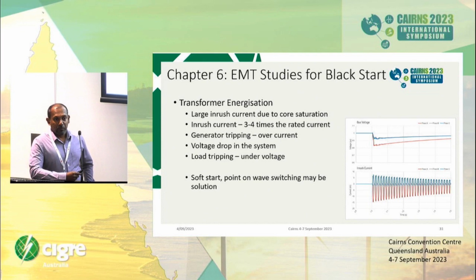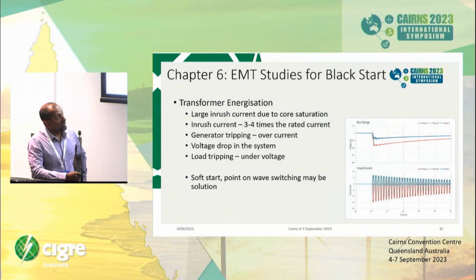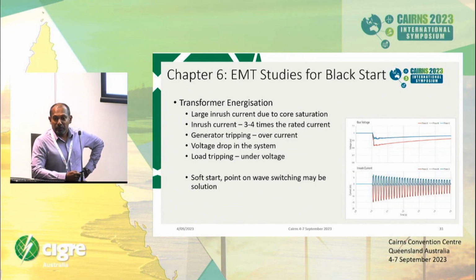If you do not choose a smaller generator size-wise, and you have a relatively larger transformer, the generators could trip due to overcurrent, unless you have harmonic blocking or some other scheme. In the bottom waveform you see the EMT simulation of the inrush current, and the top waveform is the RMS voltage. There can be a drop in the voltage, which may cause some load tripping. That's an annoying part of the black start restoration process.